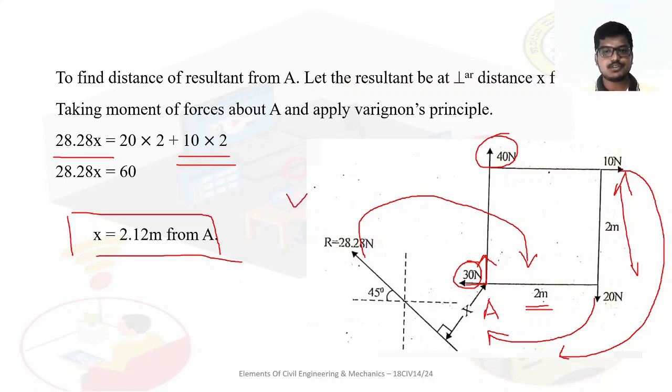Okay, this is the procedure to solve any problem. First we have to take sigma V and sigma H, then the R value using the formula, then theta from sigma V by sigma H. We also have to take into consideration the sign conventions.